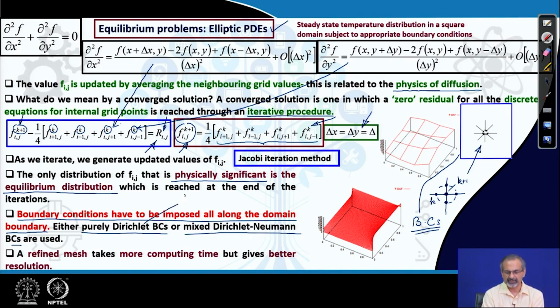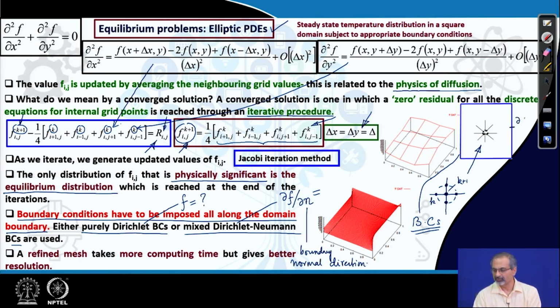Dirichlet form basically means you have to state the value of f, what it is at the boundary. Neumann condition means you have to state what is the value of del f del n at the boundary, where n is the boundary normal direction, which means if it is a boundary like this, here you will have to specify del f del x, because the x direction is normal to that boundary.